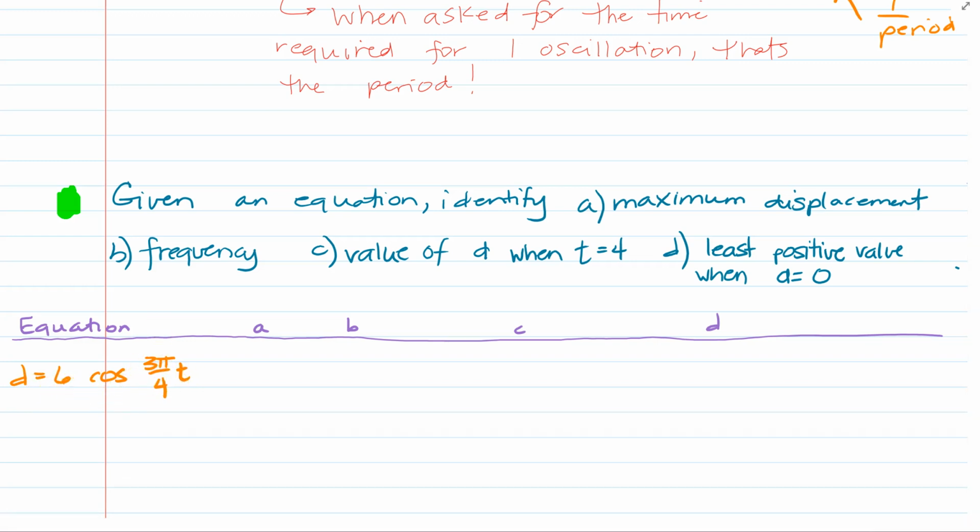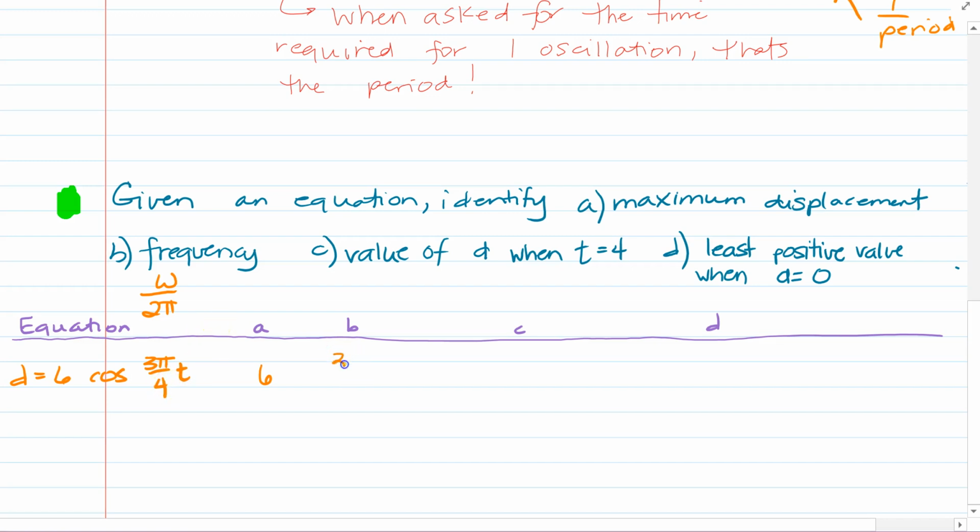And here, obviously, your maximum displacement, which is A, is going to be 6. Easy enough. And now for your frequency, I want you to write somewhere that that's omega over 2 pi. It's the reciprocal of the period. So here, our omega is 3 pi over 4, right? Divided by 2 pi.